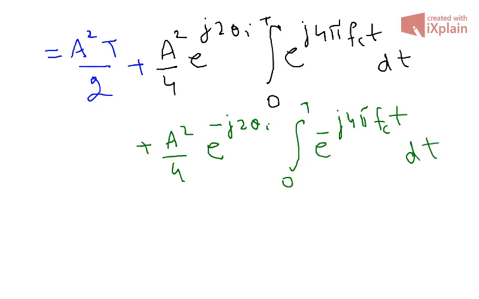So these are the integrals we have. Now we can see that it is A squared T over 2.